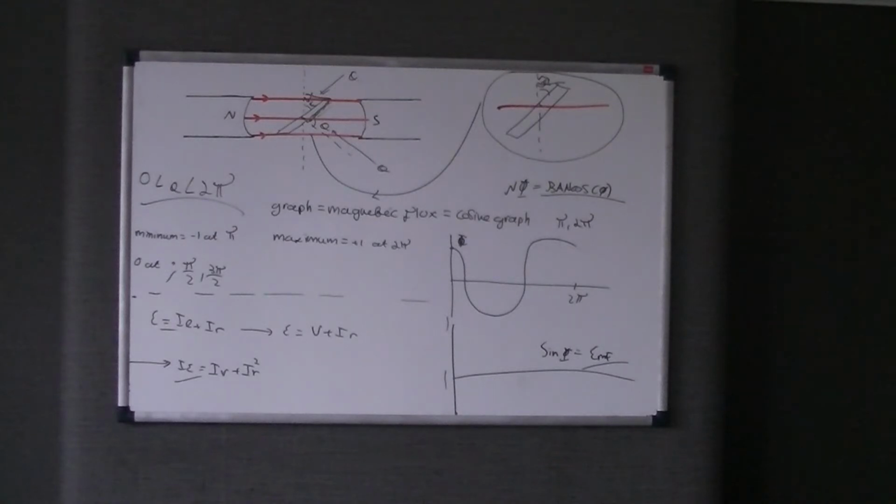Now if you wanted to rearrange that, you'd say the power wasted due to resistance is equal to the power supplied by the source, take the power transferred to mechanical power.